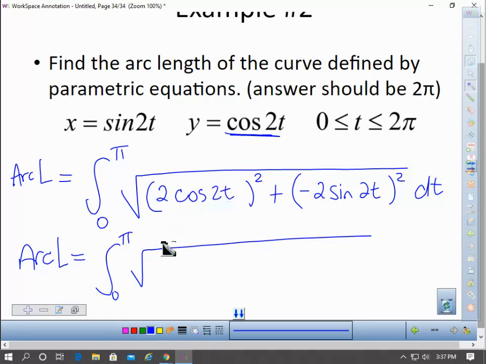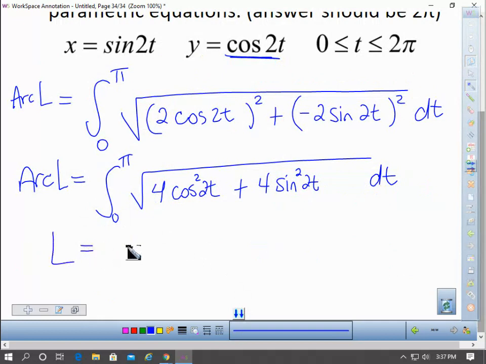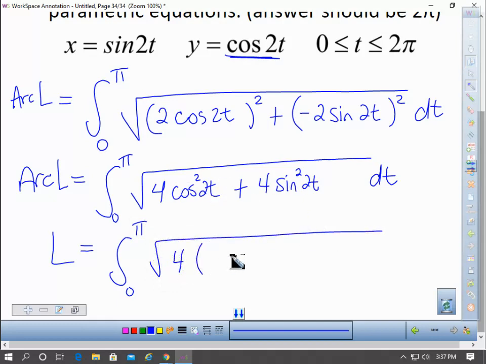When I square this out, I'm going to get 4, because I have to square the 2, cosine squared 2t, plus, and then I'm going to square this, so negative 2 squared is going to be 4 sine squared 2t, dt. All right, so then from 0 to pi, if I factor out the 4, I've got cosine squared 2t plus sine squared 2t, dt.